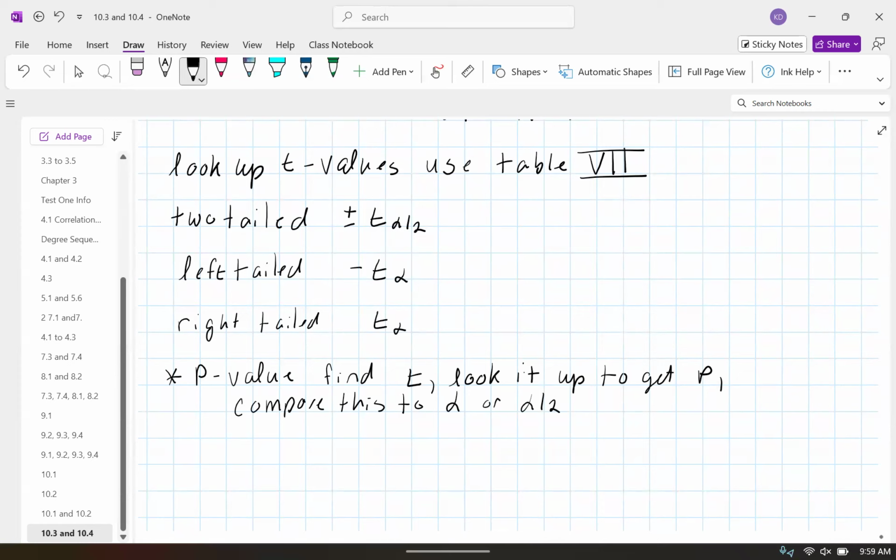You want it to be farther from the mean than either of those. So depending on your tail, it could be positive or negative. You just want it to be farther away than those values would be. So either method we use, we're going to have to look up a T value of some sort, either the critical or the T we find.